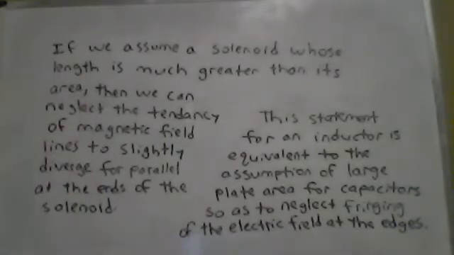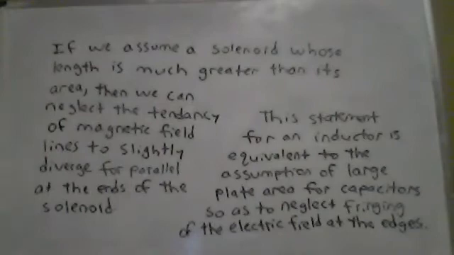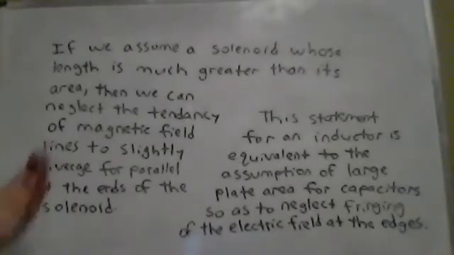If we allow the inductor or the solenoid to be long enough compared to its area, we can again neglect the tendency for the magnetic field to diverge from its nice uniform parallel condition that it has throughout almost the entirety of the inside of the solenoid.